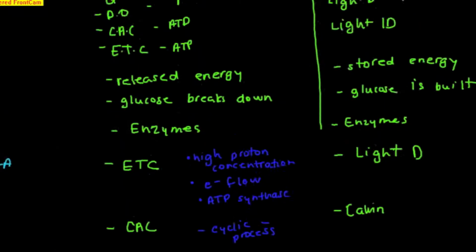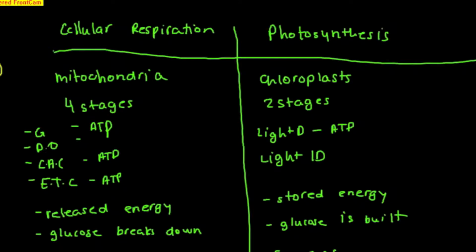So now to sum all this up, the first difference that you can spot right off the bat is that cellular respiration occurs in the mitochondria, while photosynthesis occurs in the chloroplast. So cellular respiration is really in living things, animals, humans, etc. Photosynthesis is in plants. Cellular respiration, like I mentioned before, has 4 stages, while photosynthesis has 2.